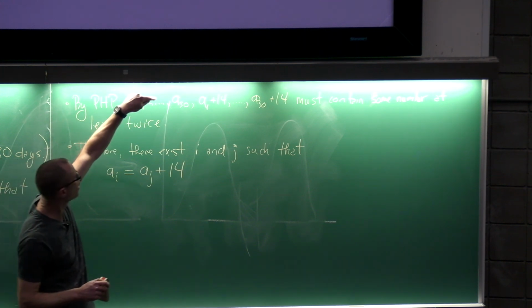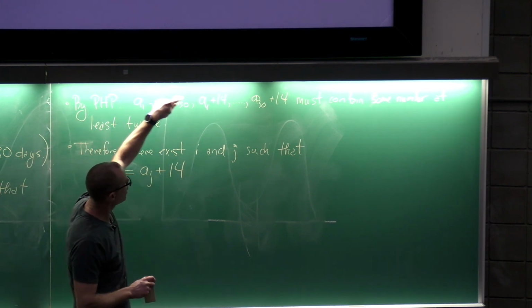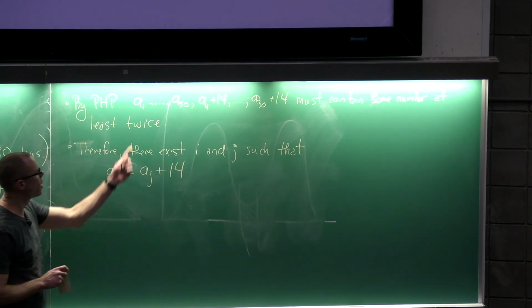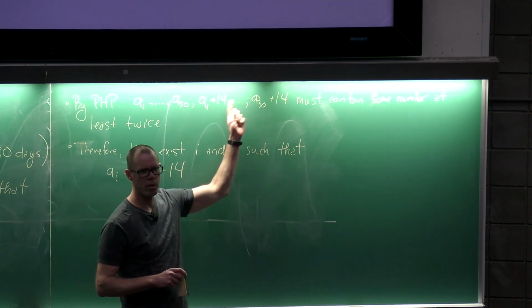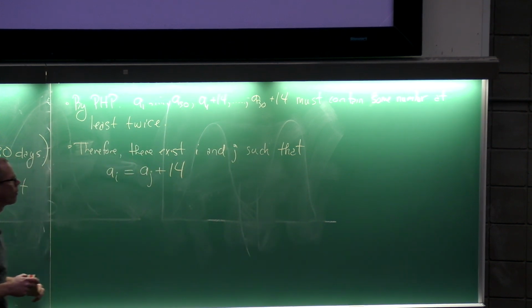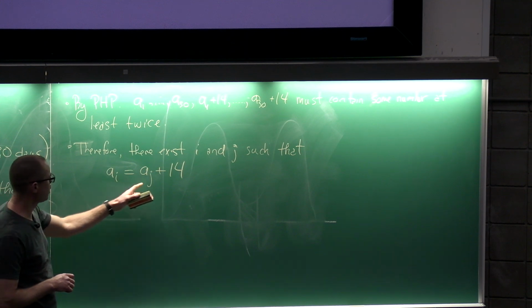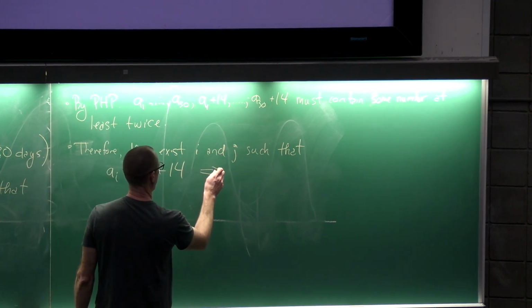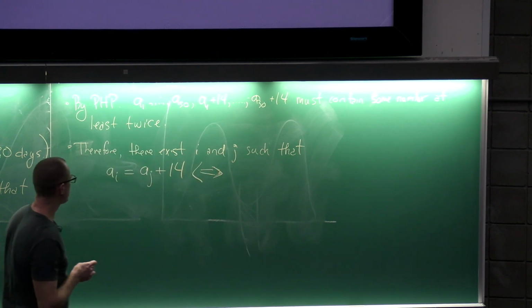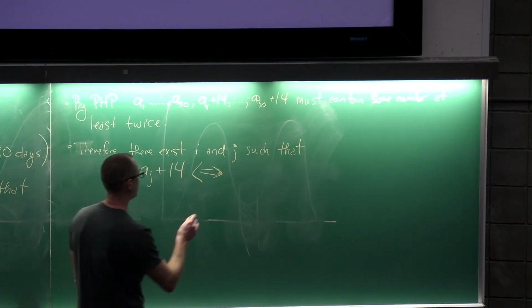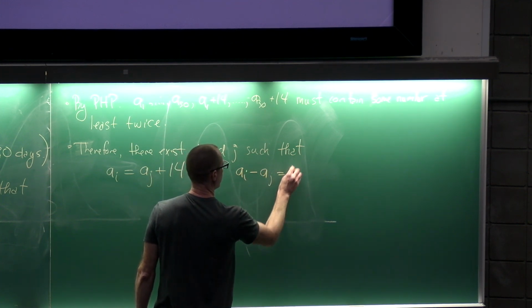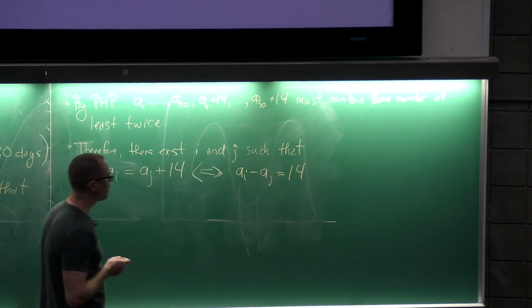Some number shows up here on the left half, and the same number shows up here on the right half. Because nothing shows up twice in the left half, and nothing shows up twice in the right half. Okay, A_i is equal to A_j plus 14. Well, if I rewrite that, that's the same thing as saying that A_i minus A_j is equal to 14.